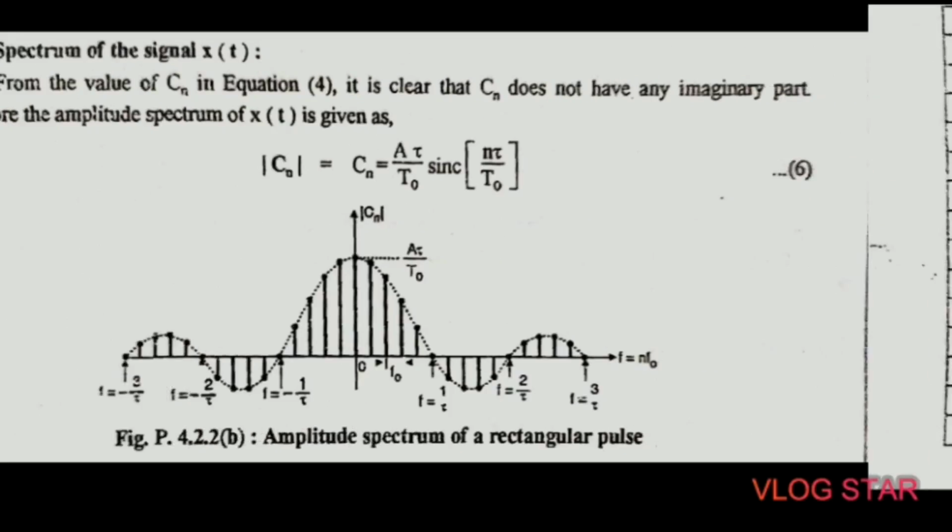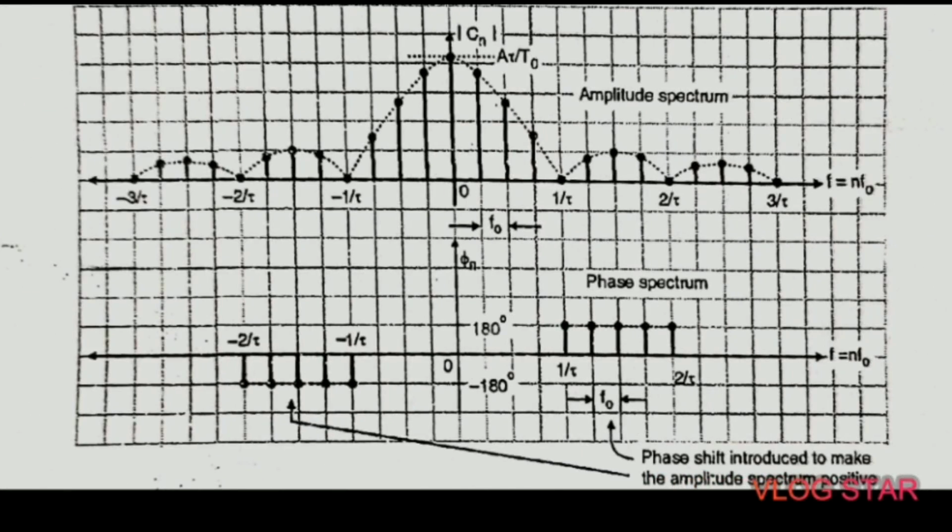Okay, next is a zero crossing occurs in the envelope of the amplitude spectrum at the frequencies of f is equal to plus minus 1 upon tau, then plus minus 2 upon tau, then plus minus 3 upon tau, etc. The phase spectrum takes on values of 0 degree corresponding to the positive values of Cn, however it takes on values of plus minus 180 degree corresponding to the negative values of Cn.